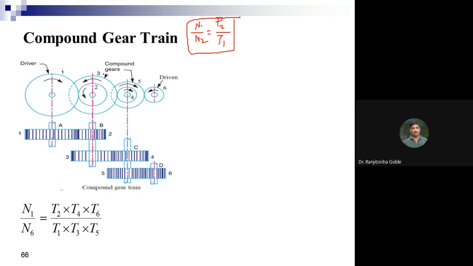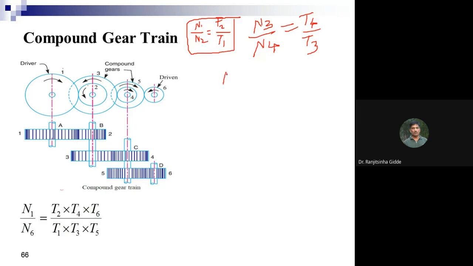Then gear number 2 and 3 are on the same shaft. Gear 3 is in mesh with gear number 4. So we can write n3 upon n4 is equal to t4 upon t3. 4 and 5 are on the same shaft. 5 is in mesh with gear number 6.